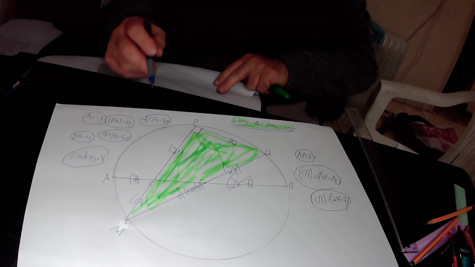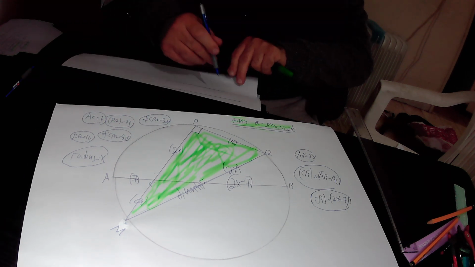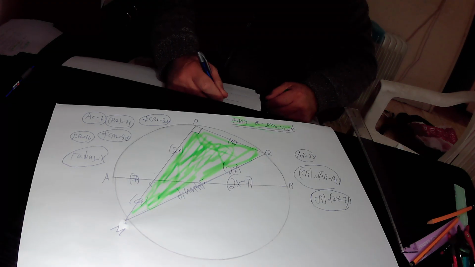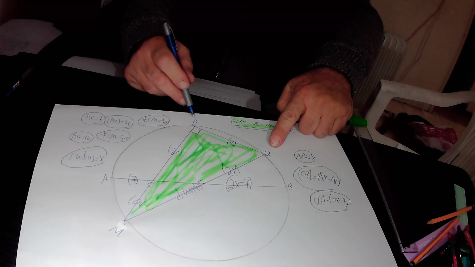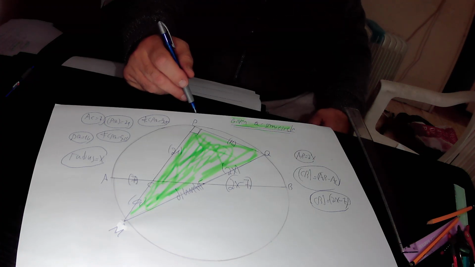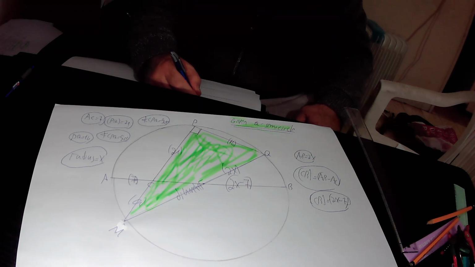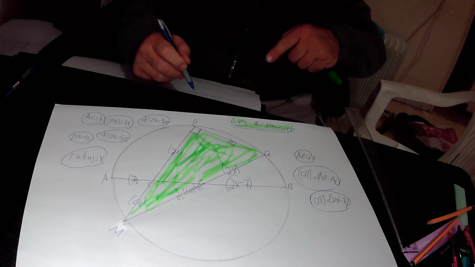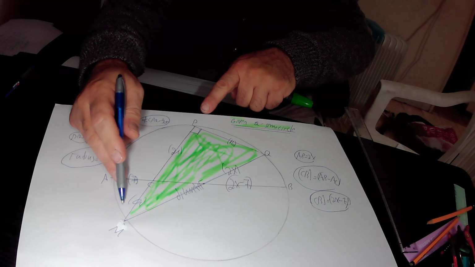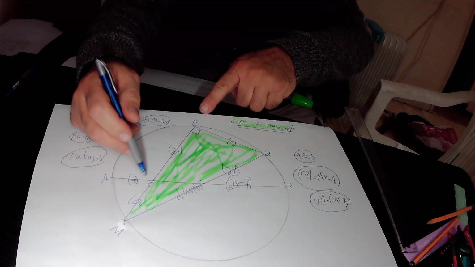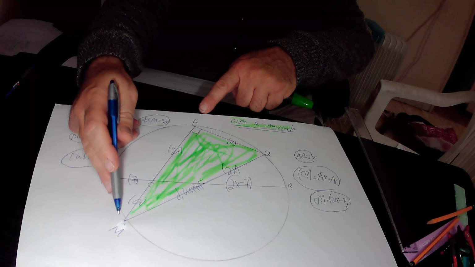QM is 2x, therefore QM square is 2x squared. And it equals PQ square. PQ is 16, therefore PQ square is 16 squared, that is 256, plus PM square. PM in total is PC, that is 21, plus CM, that is a. So in total PM equals 21 plus a units in length.